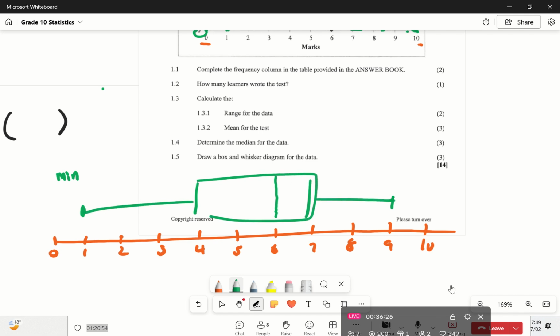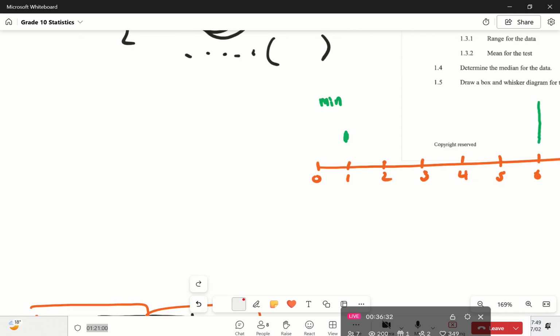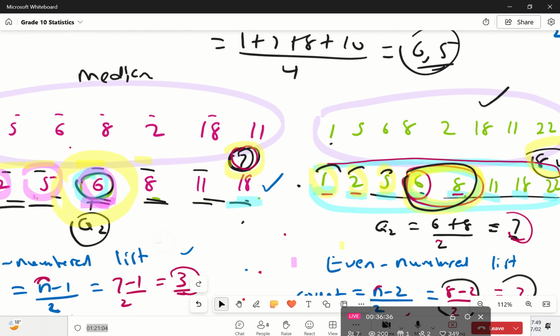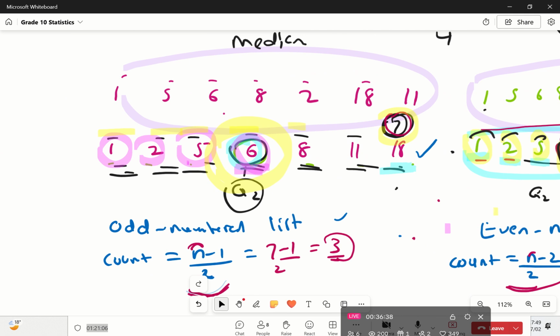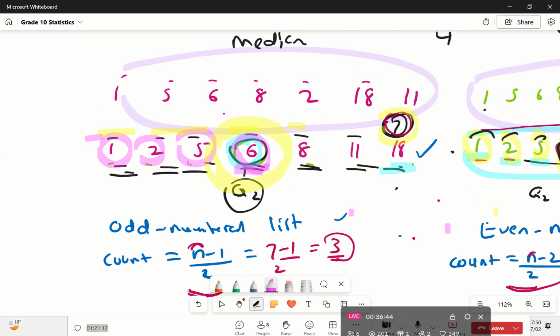Okay. So now let us first find the Q1 and Q3. This is how we find it. You guys remember that if this was your data set, just an example so that you remember what we are talking about here. And then you're looking for Q2, which is the median. That's your 6.